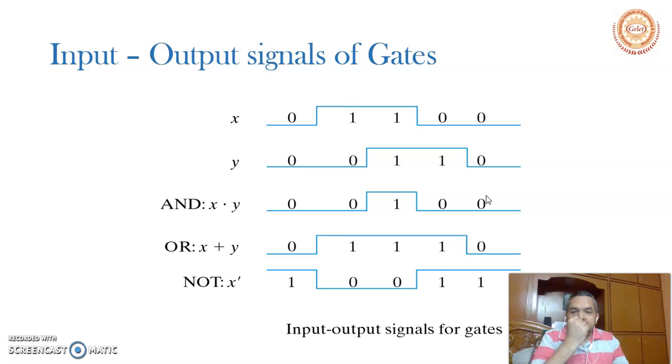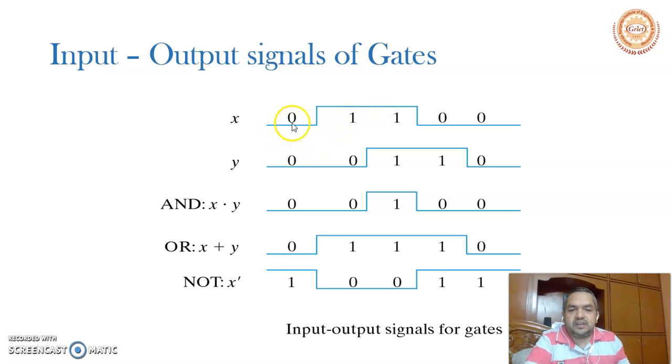Now the input and output signals of the gates will be like this. I am showing here an input output signal diagram. Because we are calling it a digital circuit, we use the digital wave only. Normally we use the square wave consisting of a low value and a high value. This is the 0 value, this is the high value.